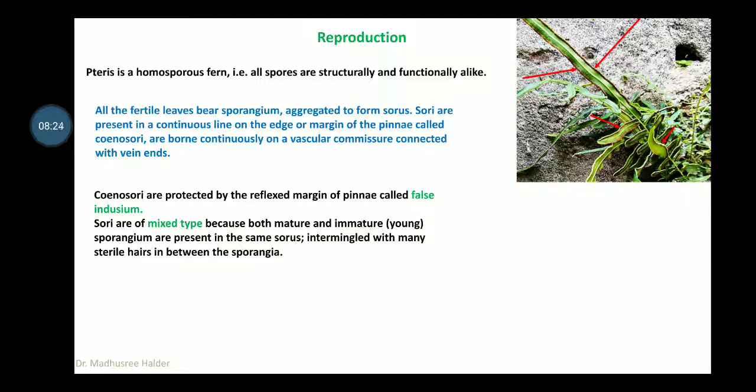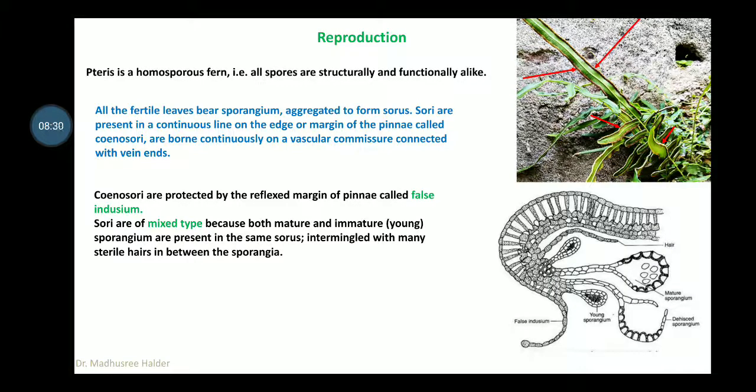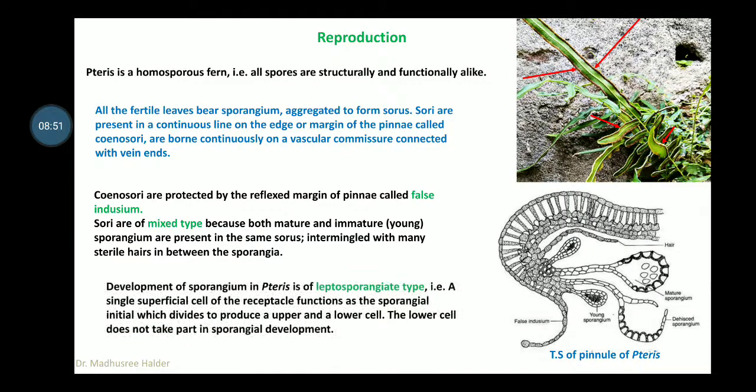That's why the sorus of Pteris is known as mixed type of sorus, and that is the transverse section of the mature pinule of the Pteris, because it shows the sporangia and the hair-like structures and also the false indusium.